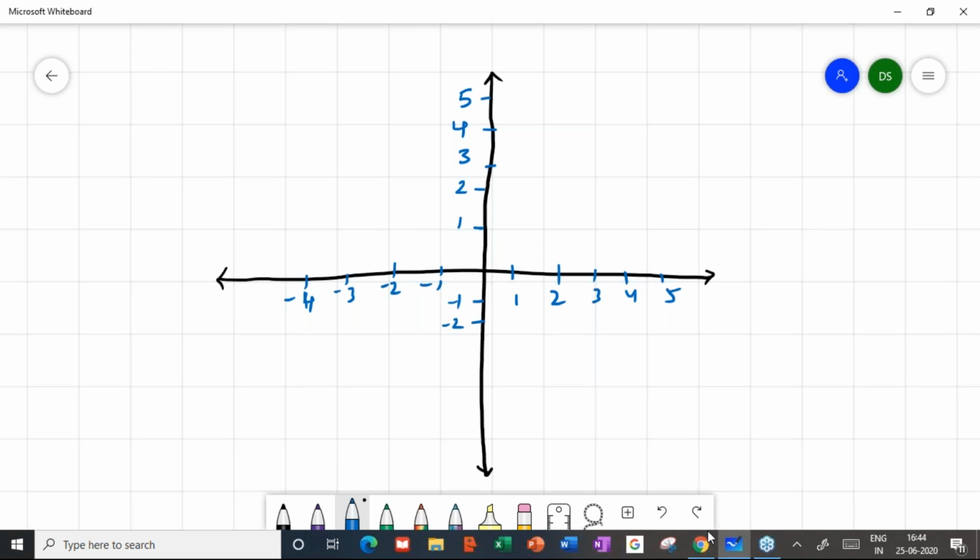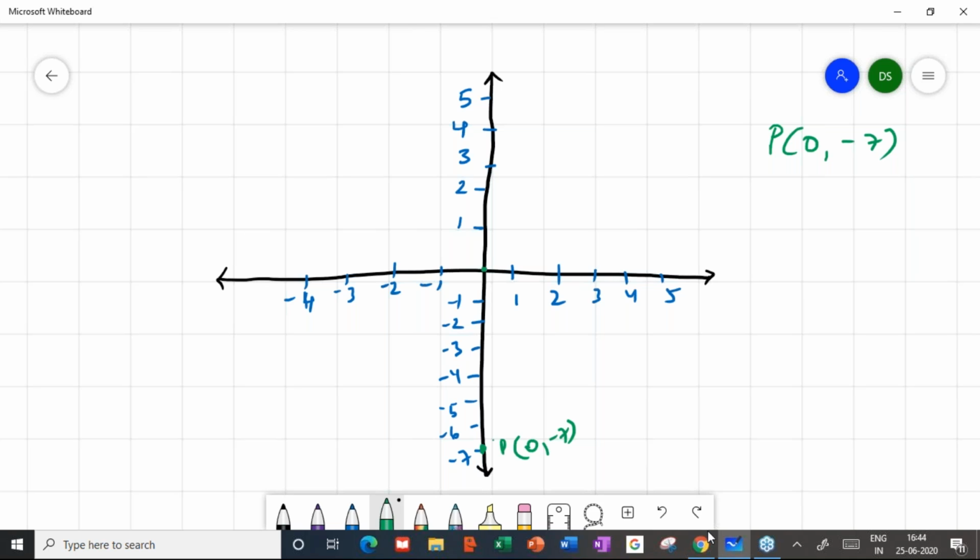Minus 1, minus 2, minus 3, minus 4, minus 5, minus 6, minus 7. I'm going to mark the x coordinate first. So the point is 0, comma minus 7. So 0 on the x-axis means it's here, correct? And minus 7 means here. Since the point on the x-axis is 0, this itself is going to be the point.